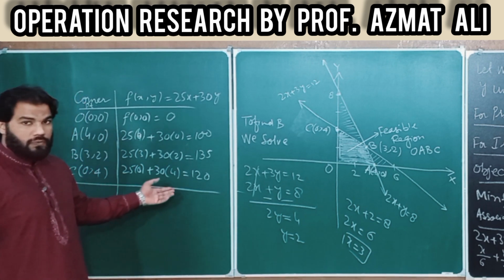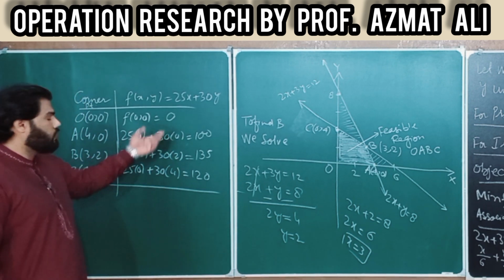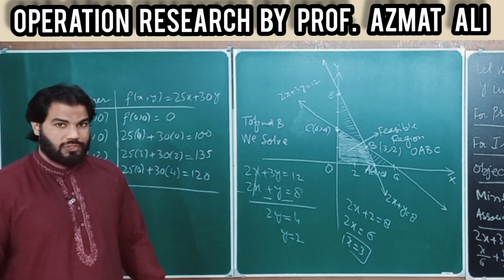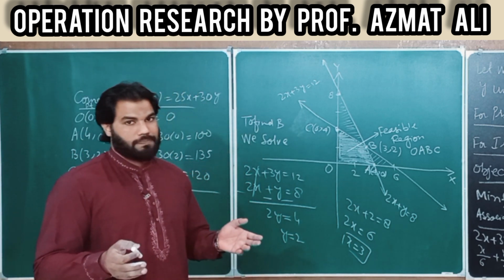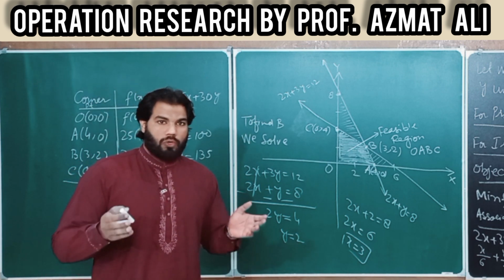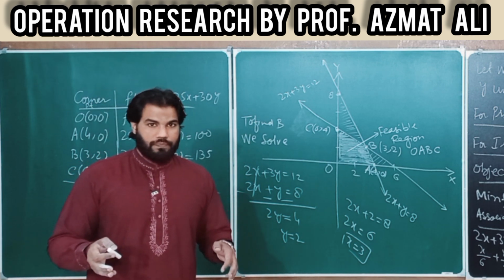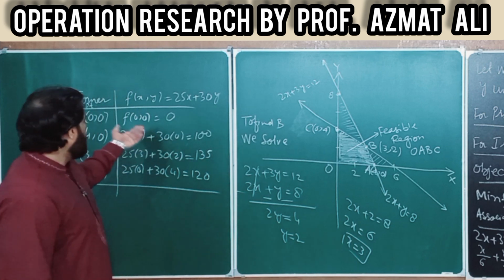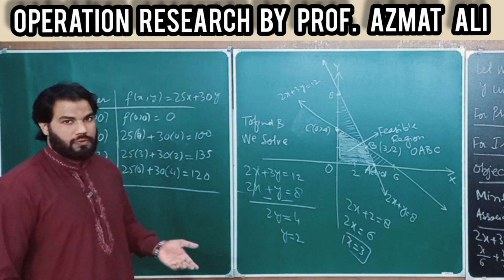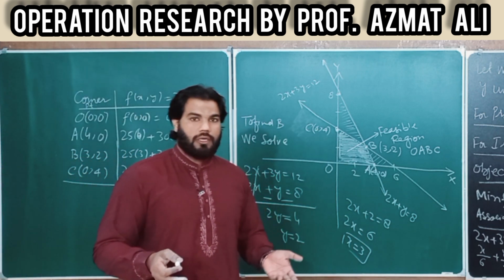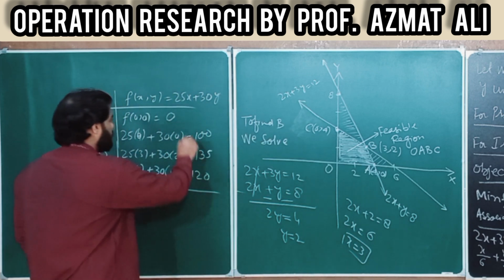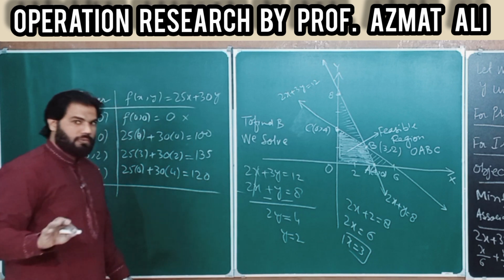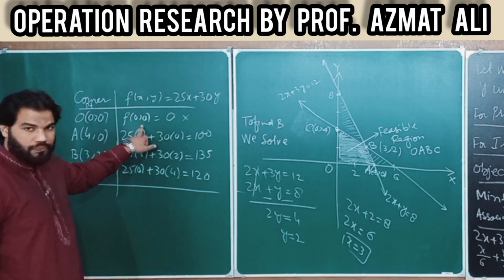So from the table we can observe that the minimum cost is 0, but this is not possible because in the question it is given that we have to make both units of food x and y. So here x is equal to 0, y is equal to 0 means we are not making any unit of food x or food y. So this is not possible, although the minimum value exists at 0, 0.